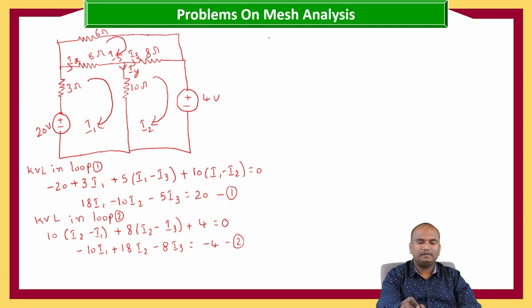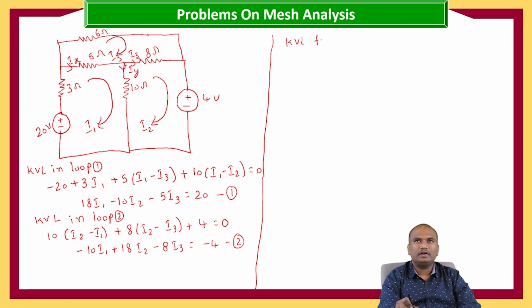The next one is KVL for loop 3, that is 5 into (I3 minus I1) plus 6I3 plus 8 into (I3 minus I2) is equal to 0.